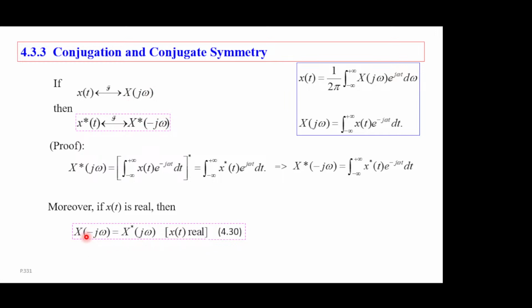Then we can also swap the minus sign around, so we have X of minus j omega equals X star of j omega. So X star of j omega equals X of minus j omega. This is what happens when your x of t is real.